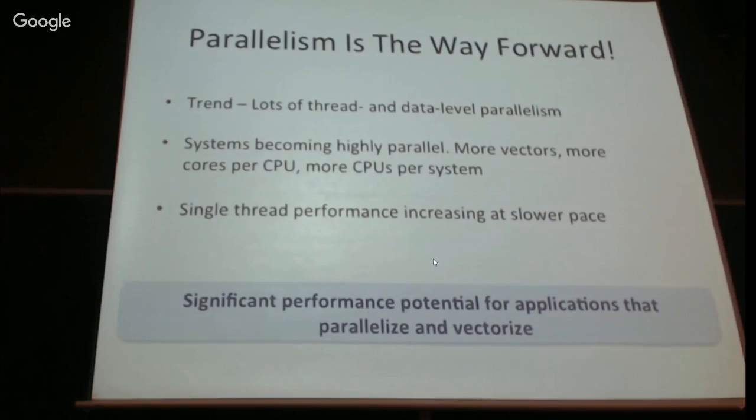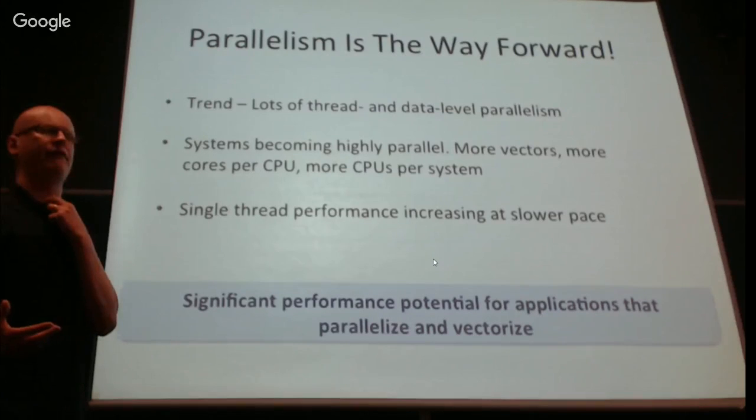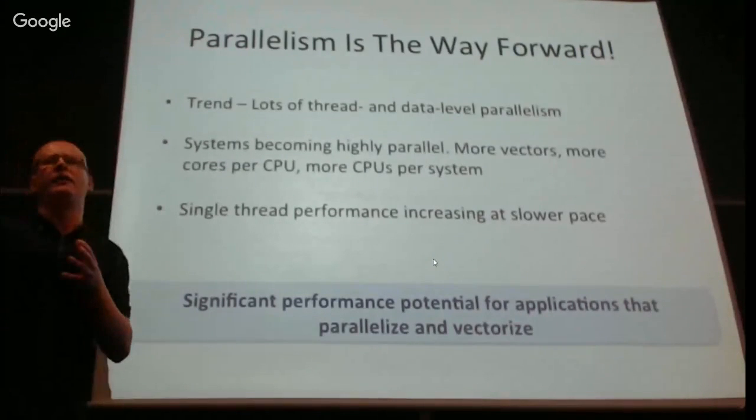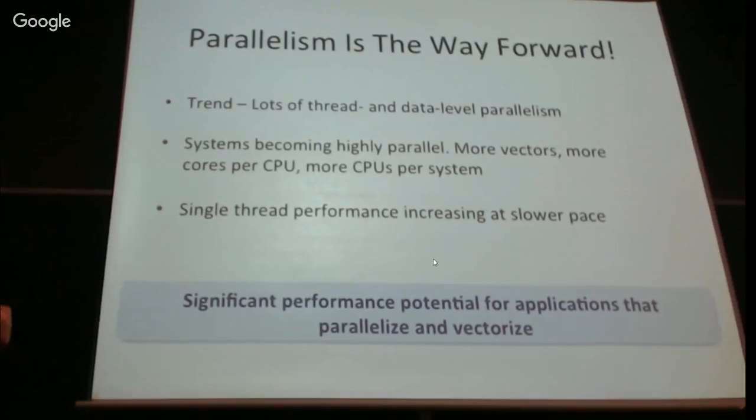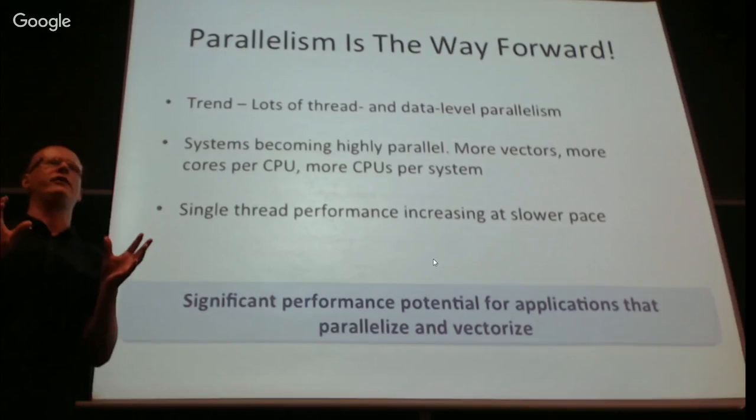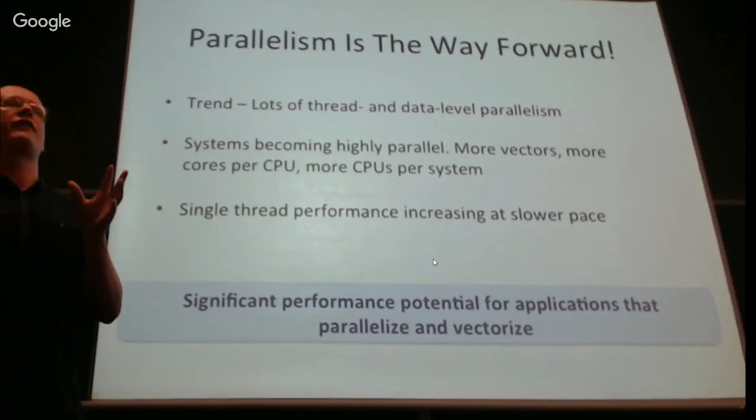So parallelism is the way forward. There's no doubt about that. You've heard the term, no doubt, the free lunch is over. The term means that parallelism is now, there's no doubt about it, being exposed to the software developer to the extent that the software developer needs to take hardware parallelism into account for the first time.